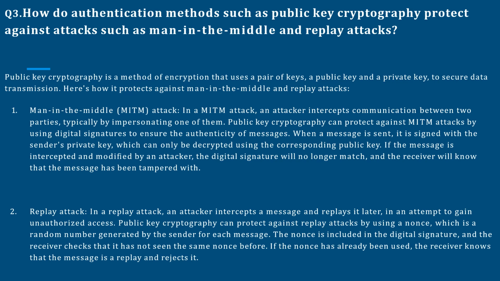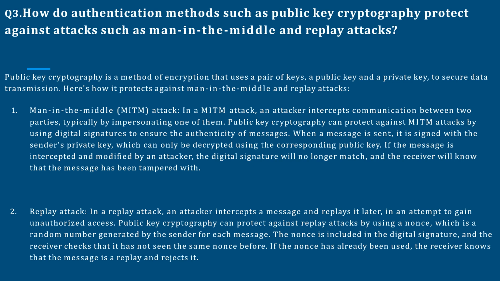First, man-in-the-middle attack. In a man-in-the-middle attack, an attacker intercepts communication between two parties, typically by impersonating one of them. Public key cryptography can protect against man-in-the-middle attacks by using digital signatures to ensure the authenticity of messages. Second, replay attack.